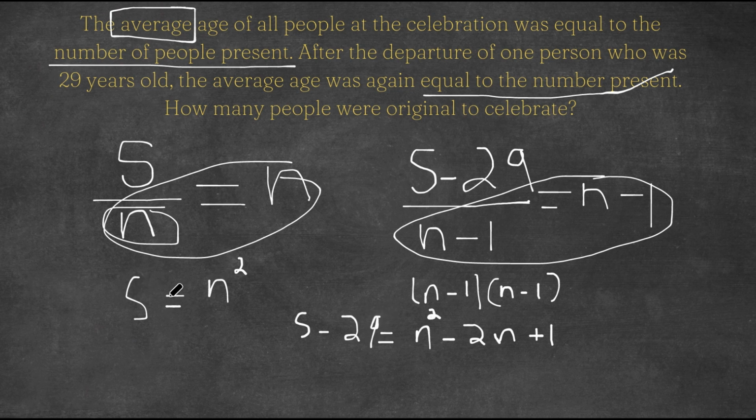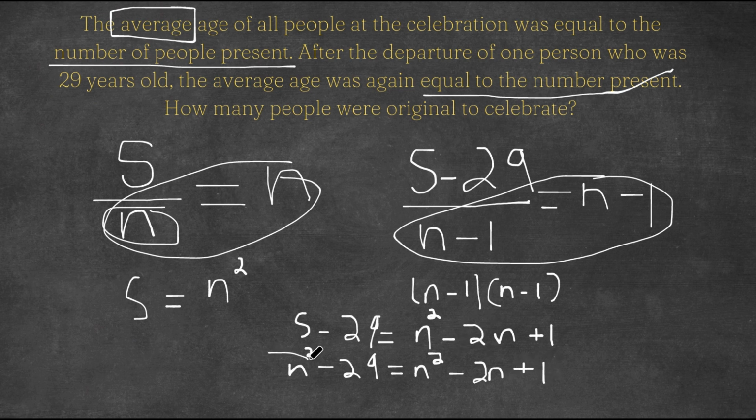Well, if you look at this equation here, it says that S is equal to N squared. So we could just substitute N squared in for S, meaning this is N squared minus 29 is equal to N squared minus 2N plus 1.